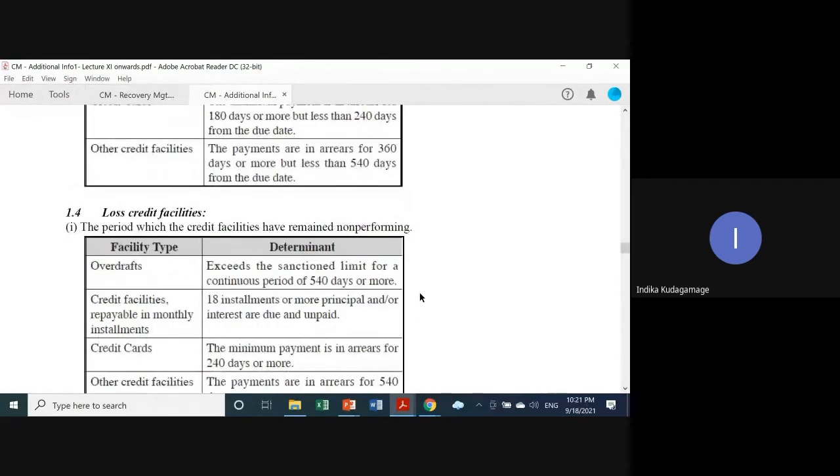Then the last category is the loss category, above 540 days. That is 1.5 years. This 18 installments is 1.5 years, right?